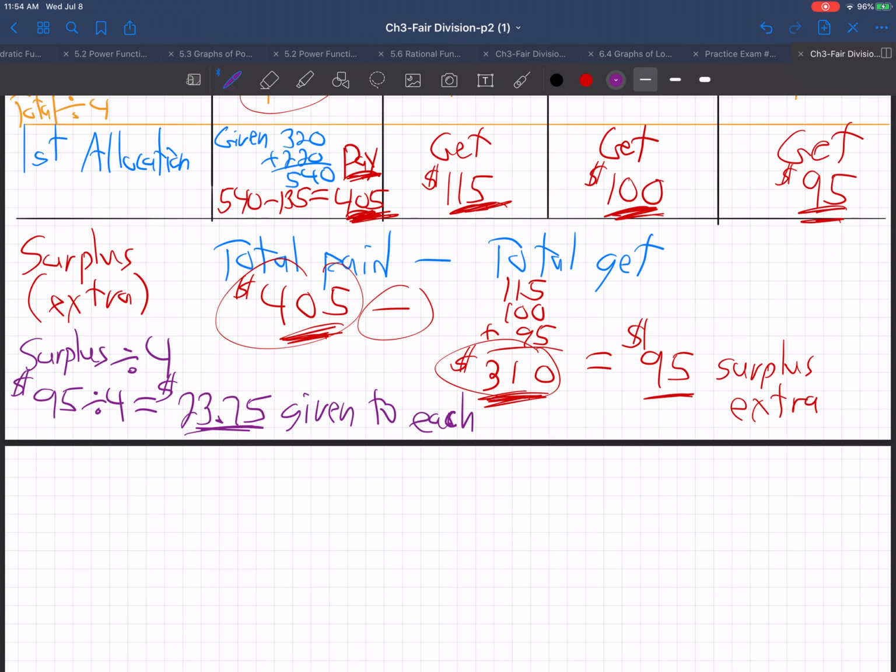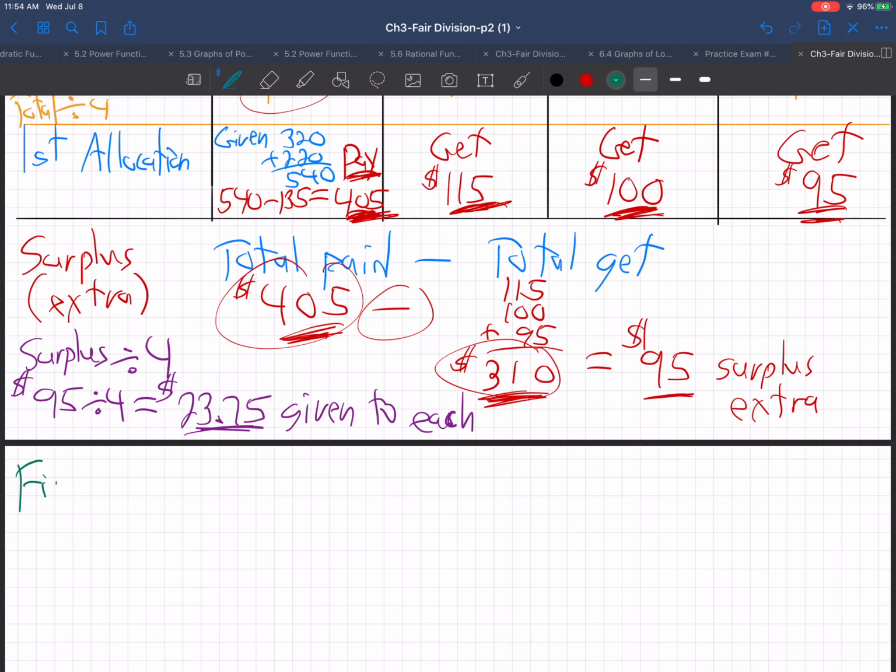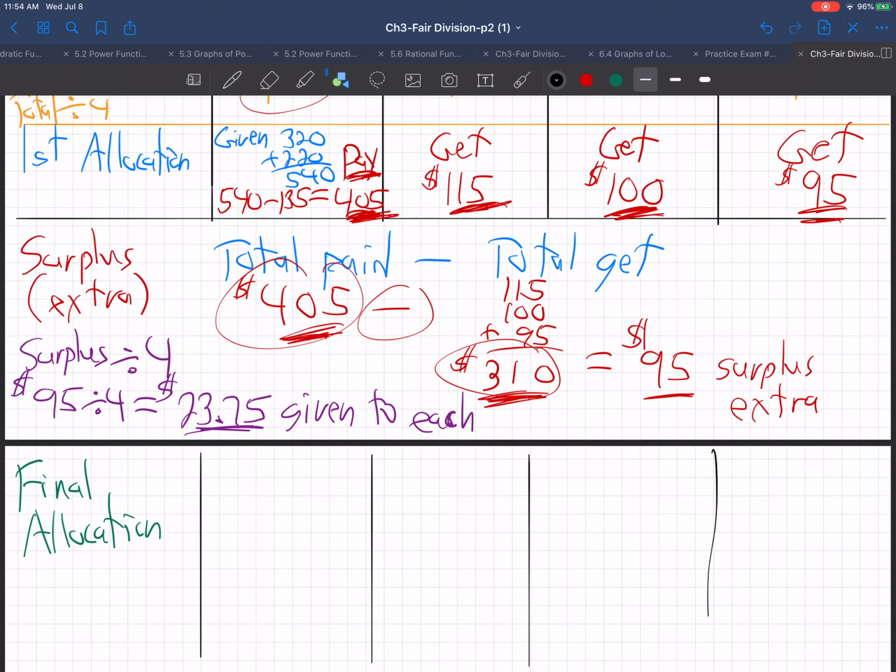So that leads us now to the final allocation. All right, let's do it. Final allocation here. For each of these, okay, so the final story is going to be this. Let's take the first allocation.